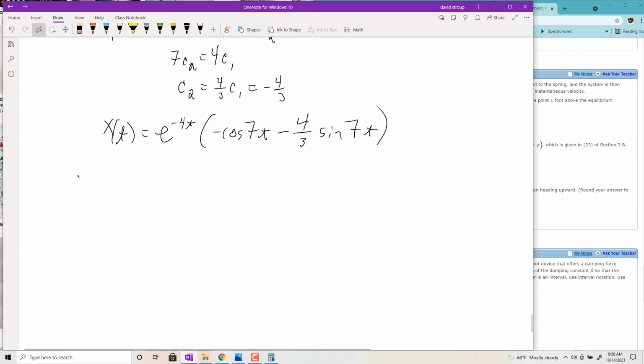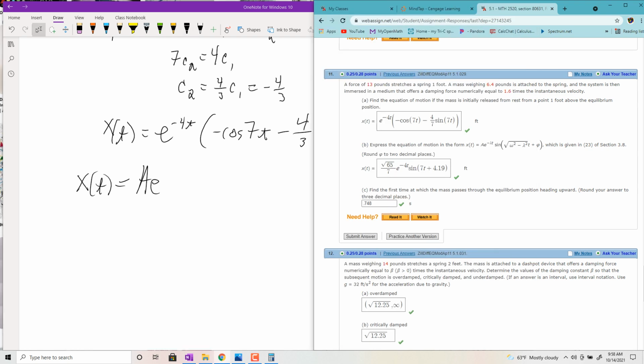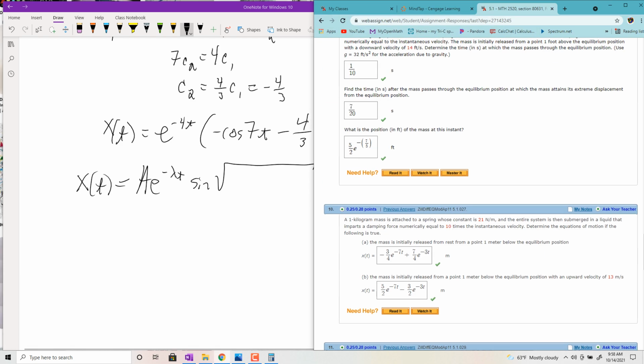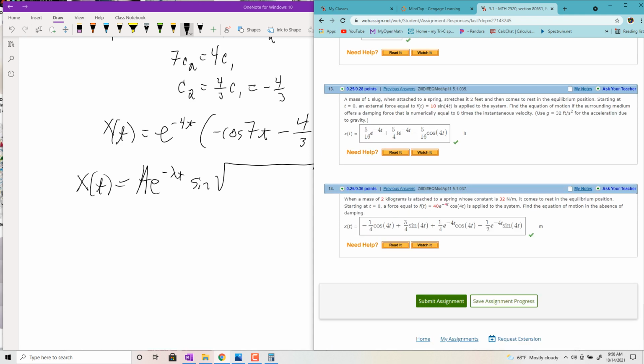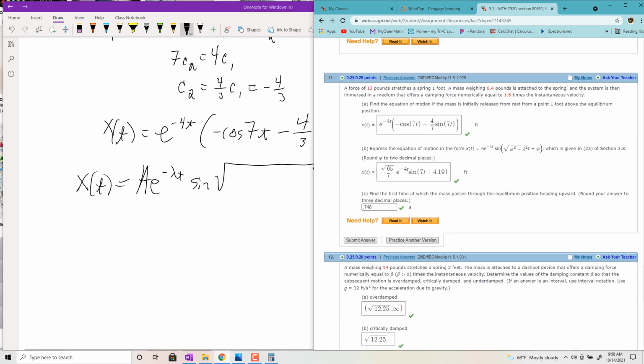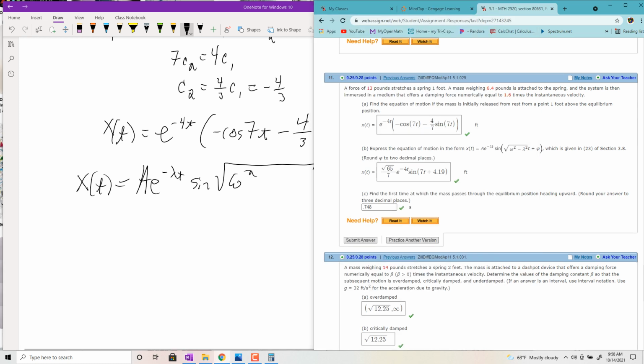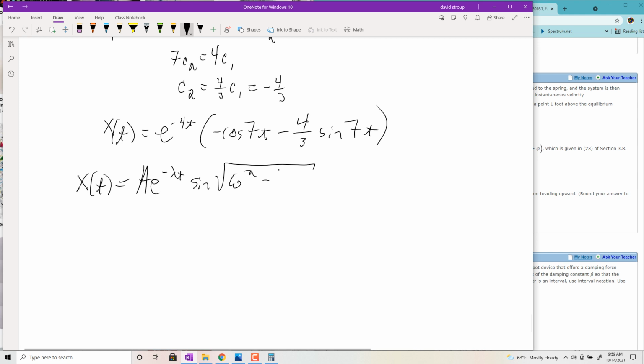So in this case, their alternative form is A e to the negative lambda t, and then sine of the square root of omega squared minus lambda squared, and then the t is on the outside of that.